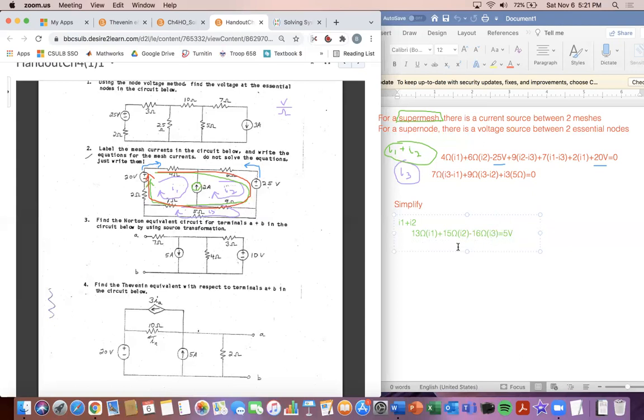Okay, let's do the big equation, which is I3. And so, sorry, the smaller one, the loop. So negative 7 times I1, and then for I2, it's going to be negative 9. Then for I3, it's going to be 7 plus 9, which is 16, and then plus 5, which would be 21.